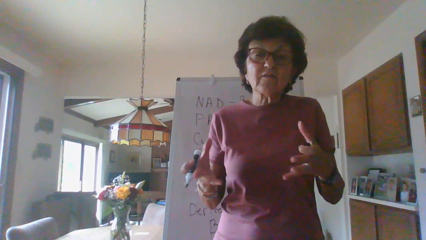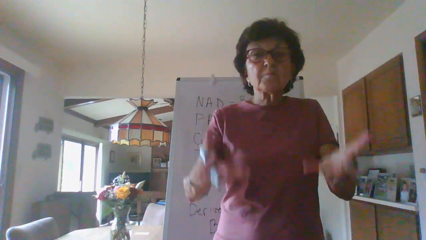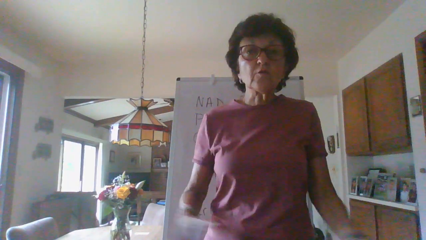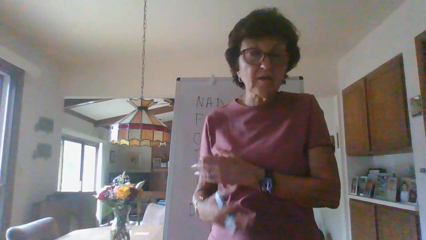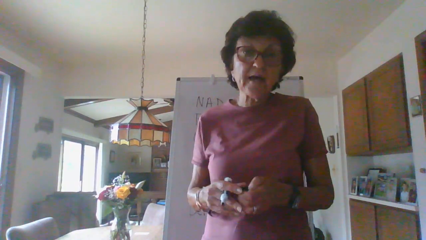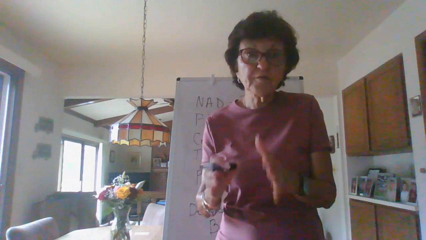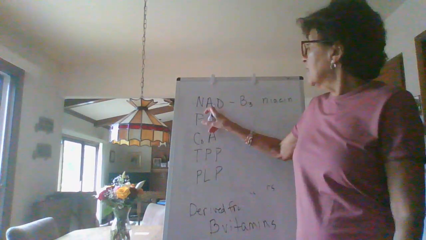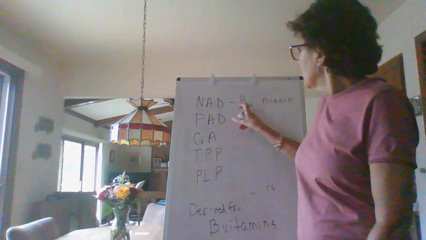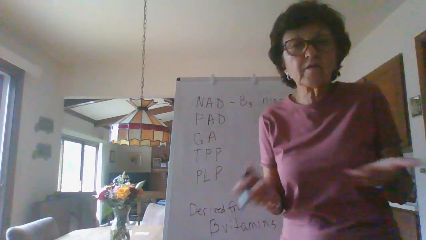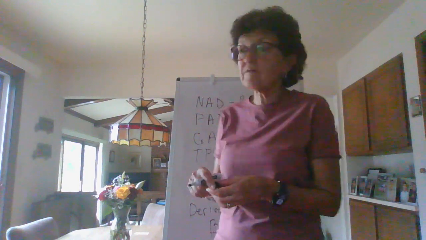And the NAD is there to get reduced, pick up some hydrogens, get turned into NADH, and then we use that to make ATP in the electron transport chain. We'll get into that in metabolism. But what you need to know for this chapter, NAD is a coenzyme. It's derived from vitamin B3, or the name of vitamin B3 is niacin.